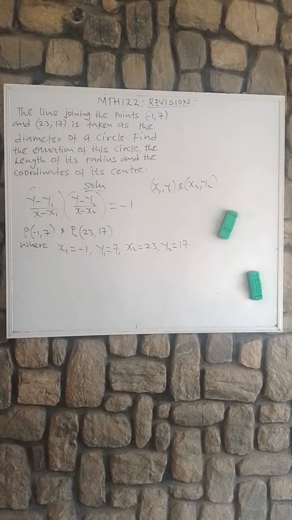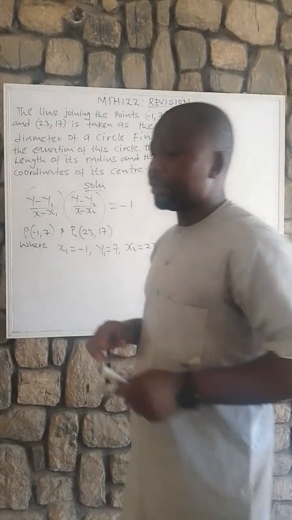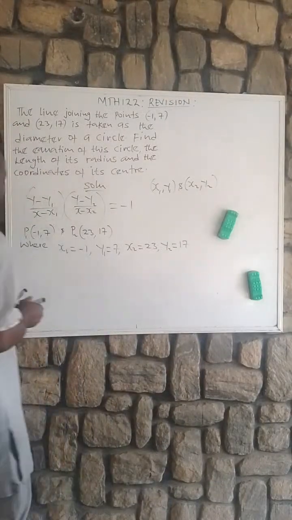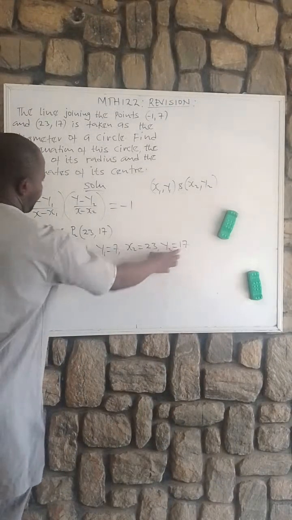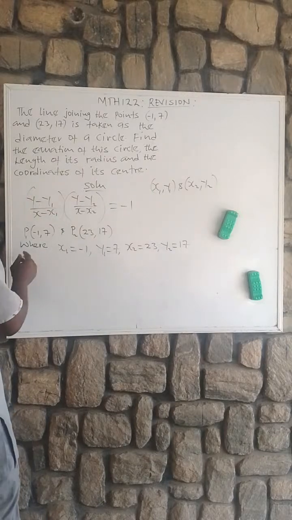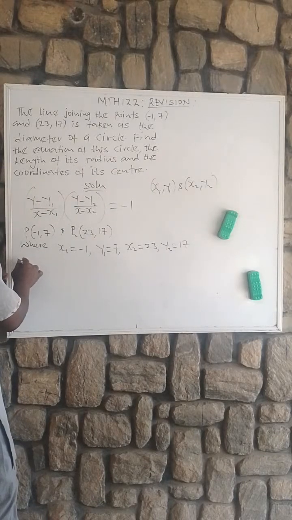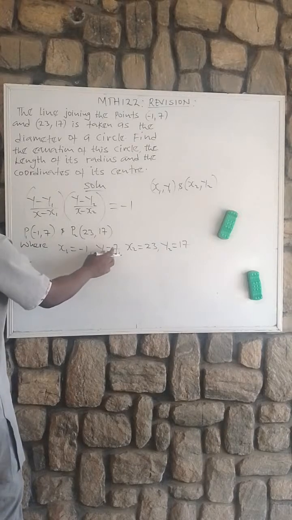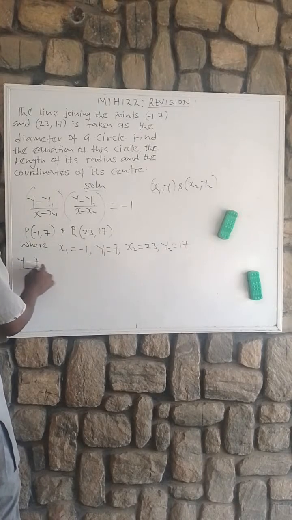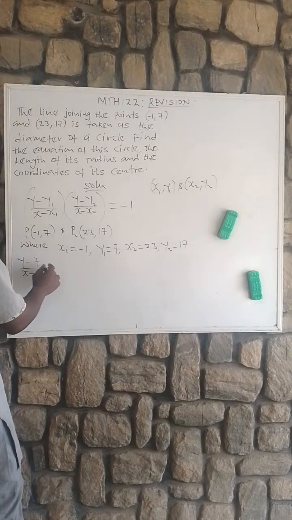So let's proceed further. If you agree with me, we substitute in this formula. Our y minus y1 is y minus 7, all over x minus x1, which is minus minus 1.